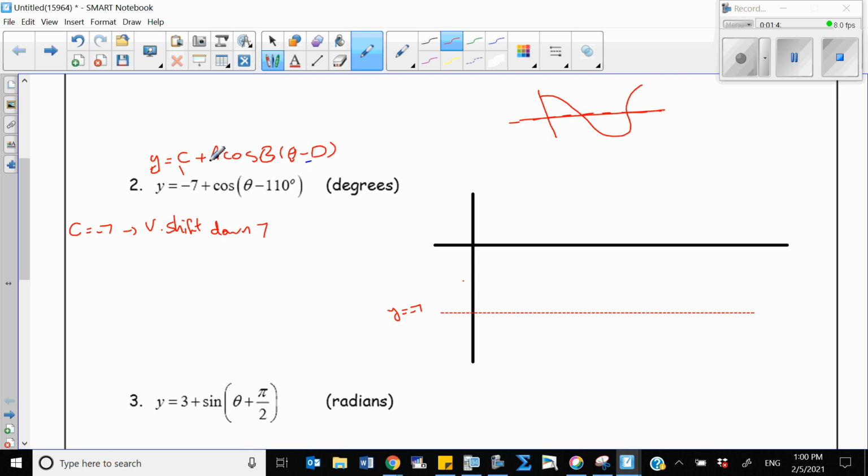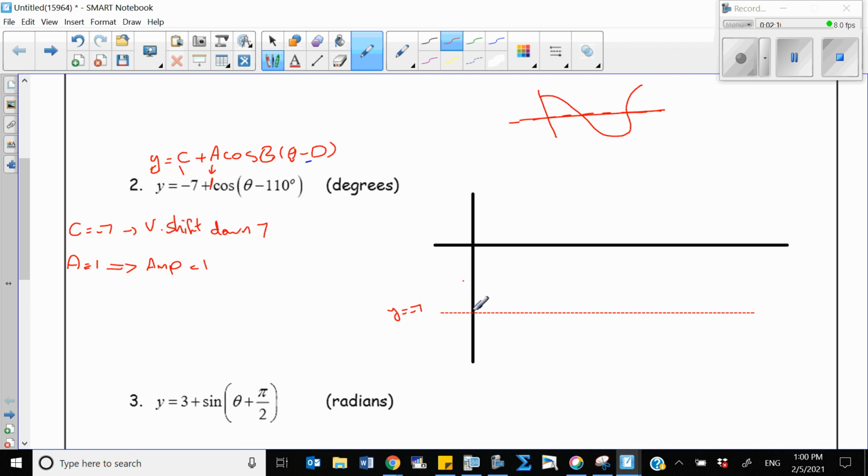Next, I'm going to find the a value. As you see, there is no number here that is multiplied by my cosine. It's basically 1. So I can say a is 1, and that tells me that the amplitude of the function is equal to 1. When I have the amplitude, I can figure out where my highest and lowest points are.